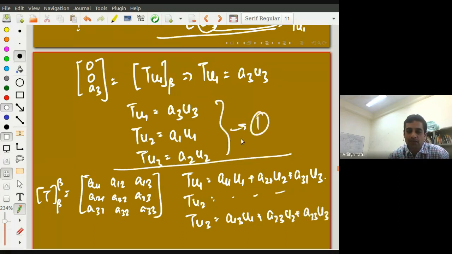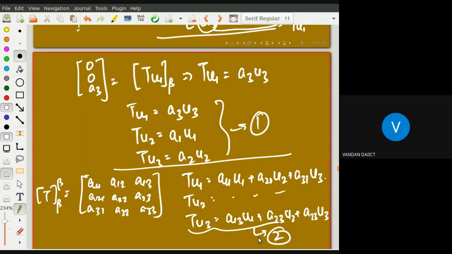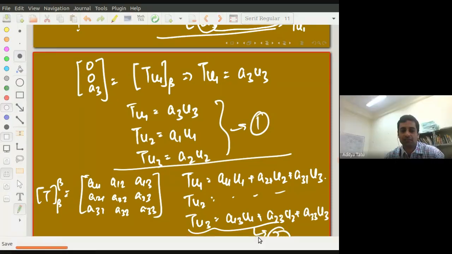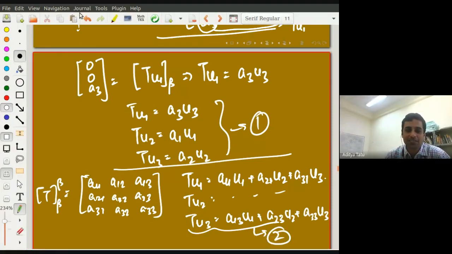Which gives you a better understanding, one or two? One, right? It's very easy to understand what that linear transformation is doing, because remember, the only thing you need to understand about that linear transformation is what it does to a basis.